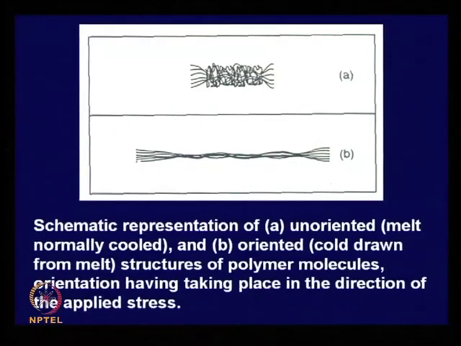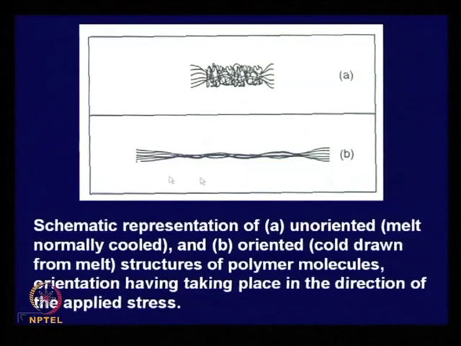Now, this is the schematic representation of an unoriented polymer melt. If you melt it, it looks like this, zigzag, zigzag. That means polymer segments are in folded and coiled configuration. I have taken this from a book for your understanding, Science and Technology of Polymers, Plastics, Rubbers and Fibers, written by Professor P. Ghosh.